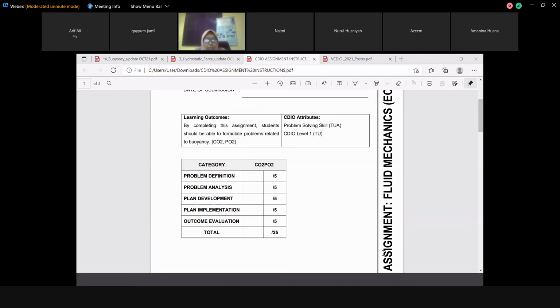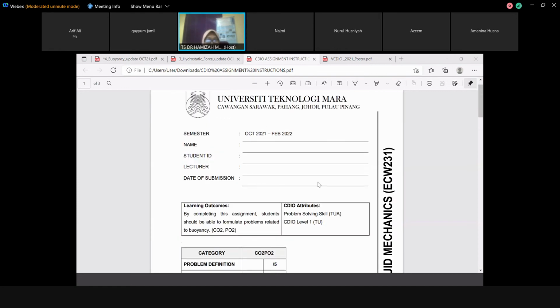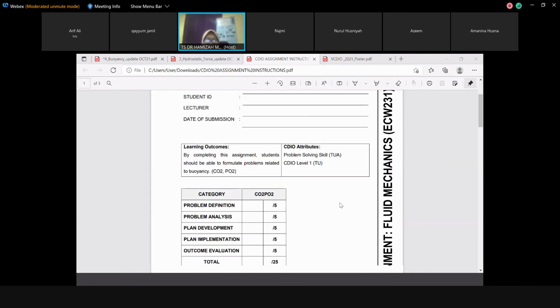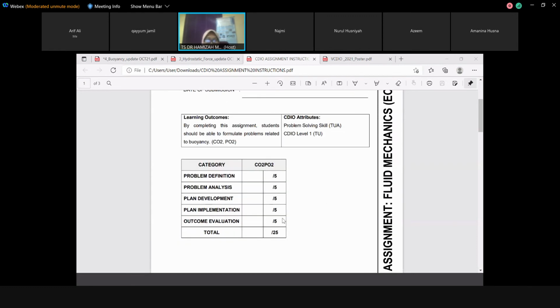Okay, so the learning outcome of this assignment is the student should be able to formulate problems related to buoyancy. Okay, so we have 20 marks in the total. Tapi carry marks untuk assignment is 10%. So it involves problem definition, problem analysis, plan development of the design, and also the plan implementation.